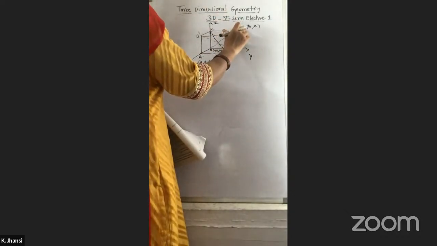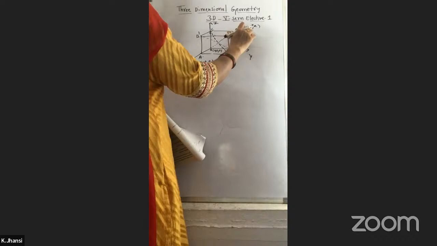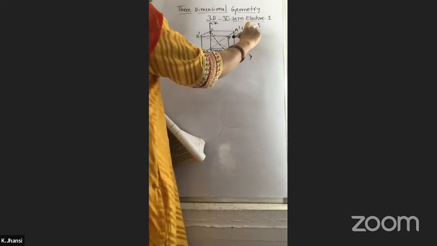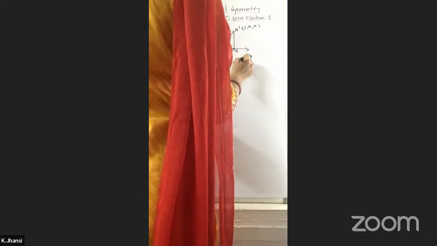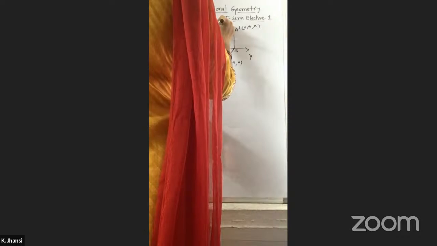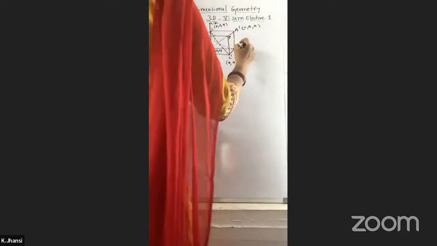So x place will be 0, y place will be a, and z place will be a. Next, C dash means a, 0. C will be 0, 0, a. Then B will be 0, a, 0.